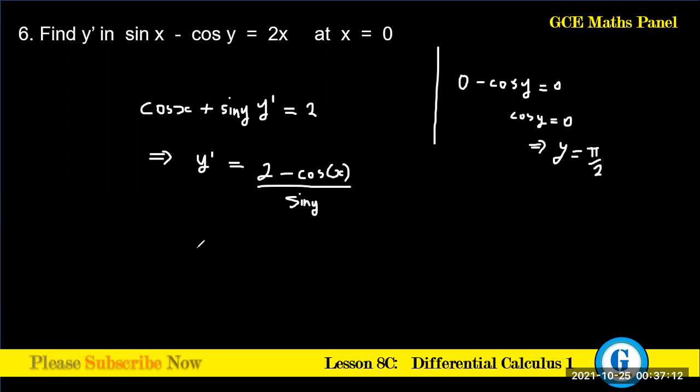So it therefore means y prime of 0 will be equal to, because at that point where x is equal to 0, it will be 2 minus cos 0, all this on sine y, sine pi on 2.